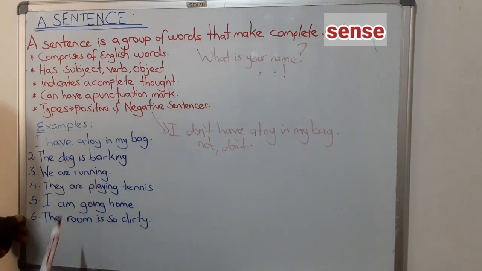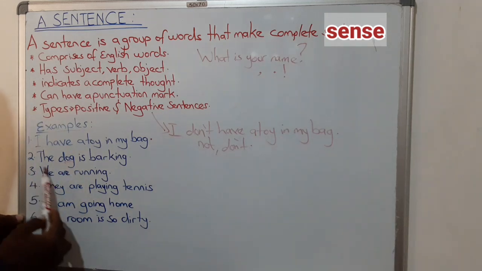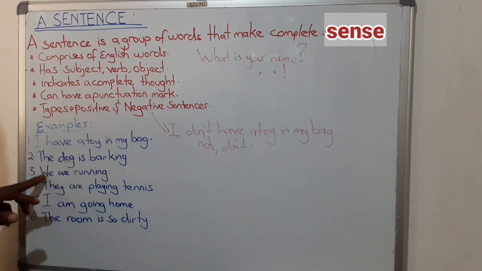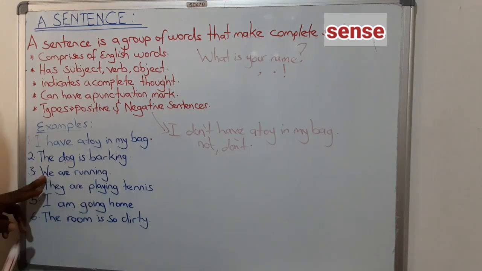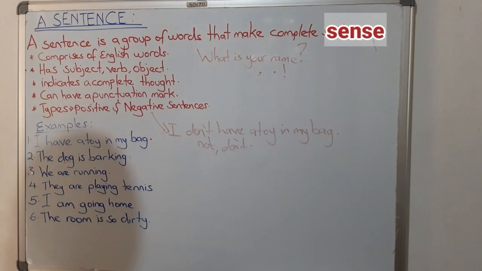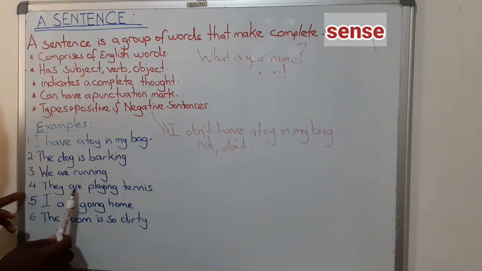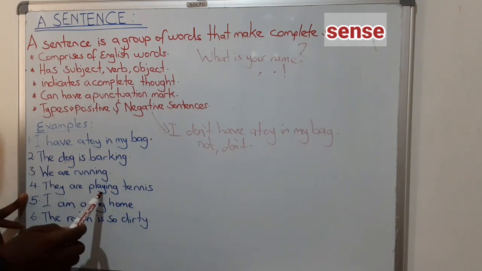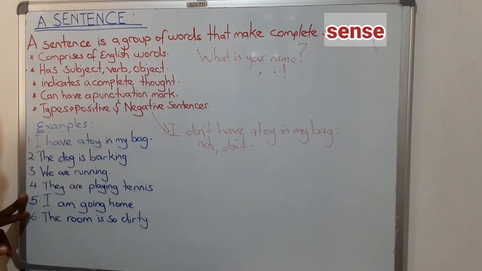We are running. We is a pronoun. I made a video on pronouns. You can watch it. So we are running. We is the subject. Running is the verb, the activity being carried out. They are playing tennis. For instance, you're referring to a group of boys.